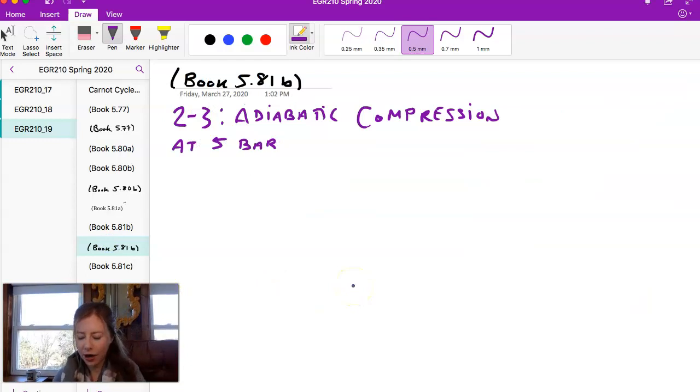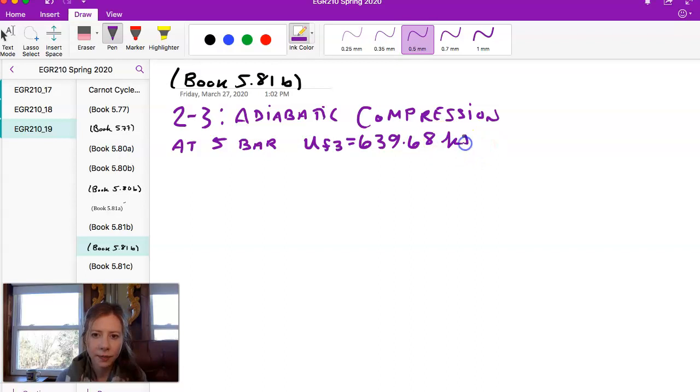So at 5 bar, if you look it up in the table, u for x equals 0 is 639.68 kilojoules per kilogram. And u for x is equal to 1 is going to be 2561.2 kilojoules per kilogram.